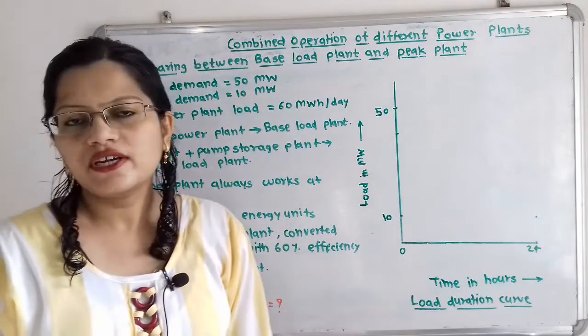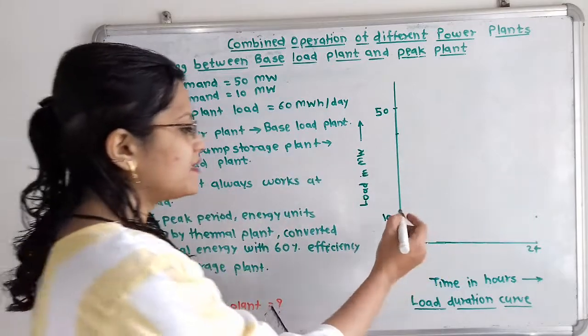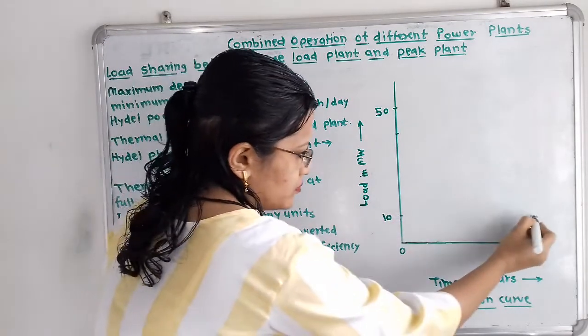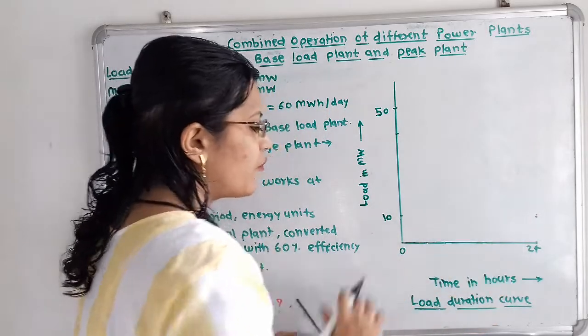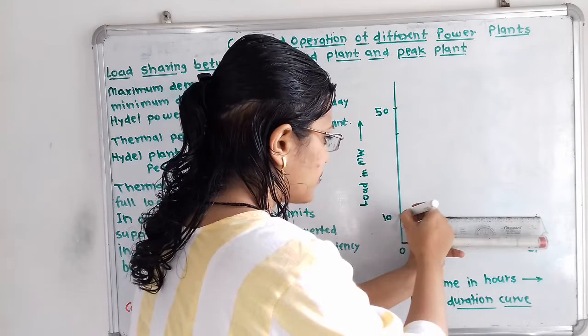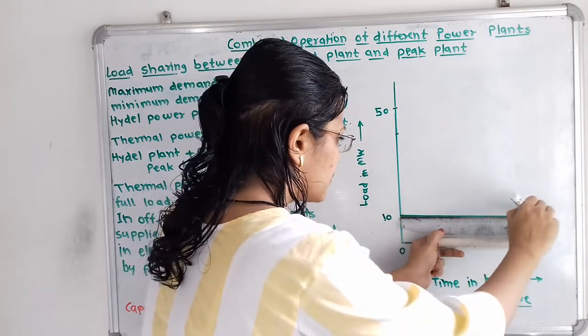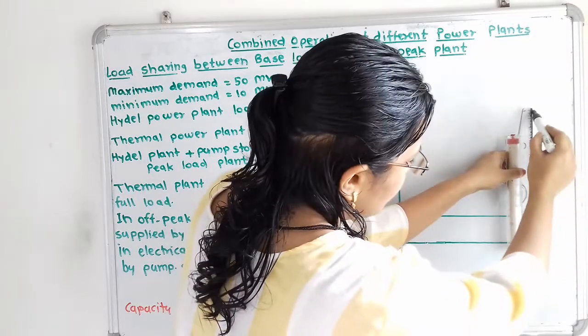Now we will draw the load duration curve. This is the minimum load, and this minimum load will also work for 24 hours. So I will draw one horizontal line from this minimum load, and then one vertical line also.